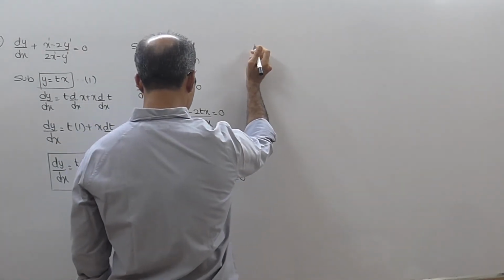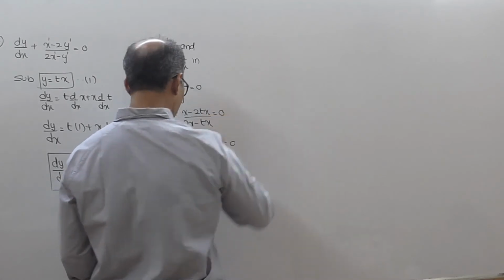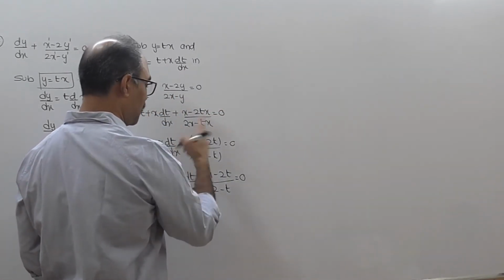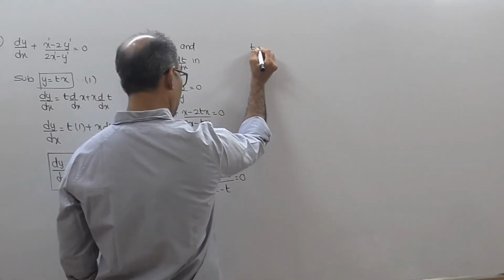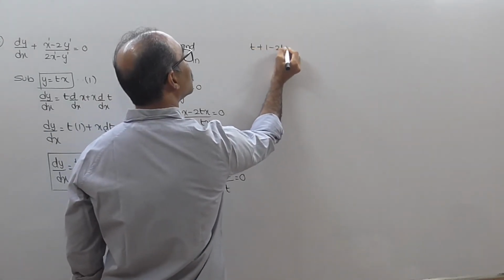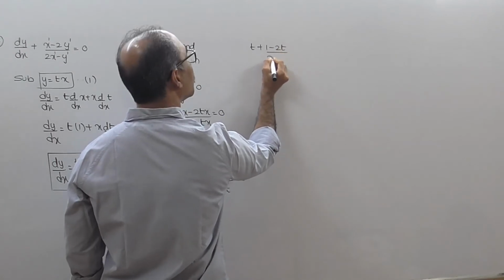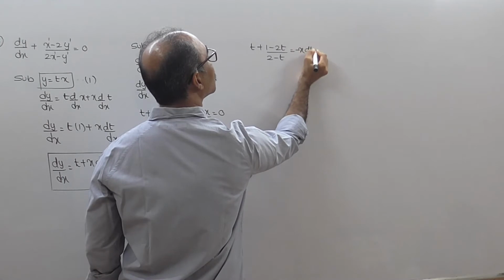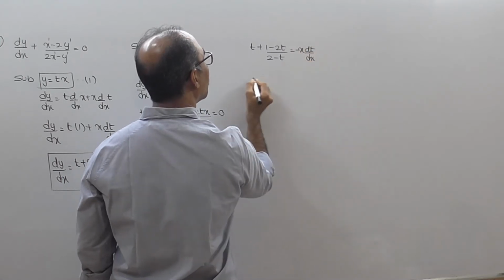Now what we can do is, we can take that x dt by dx to that side. So we get t plus (1 minus 2t) upon (2 minus t) equal to minus x dt by dx.